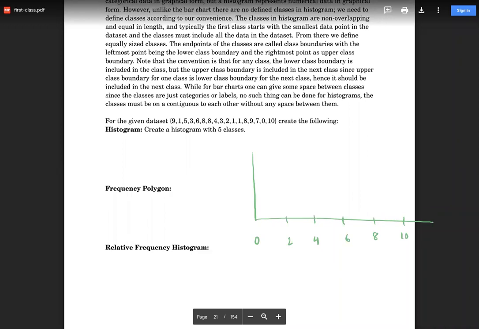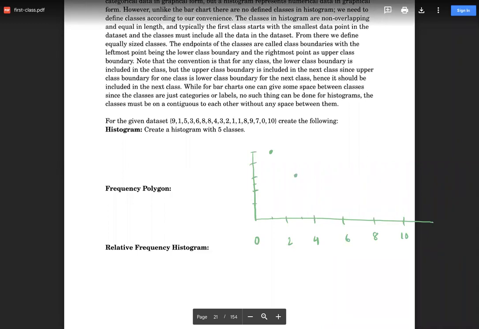Now, there are 5 data points in the first class, I remember, right? So I'm going to go 1, 2, 3, 4, 5. So I take the class midpoint and go to the 5th. Now the next one had how many? Was it 3? 3, I think. So again, the class midpoint, just the middle, take another point.